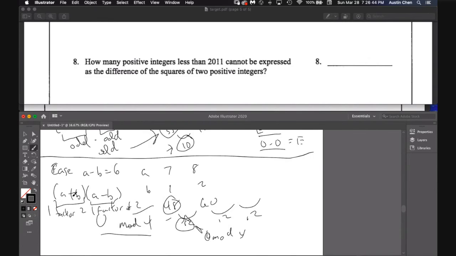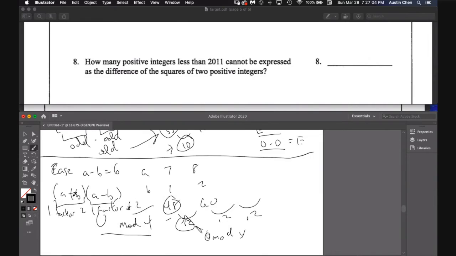So that's great, right? With all of our even cases, all of these terms are going to be divisible by 4, which means they're going to be covered by our previous difference equals 2 case already, which means we can disregard all of our difference is equal to an even number cases.